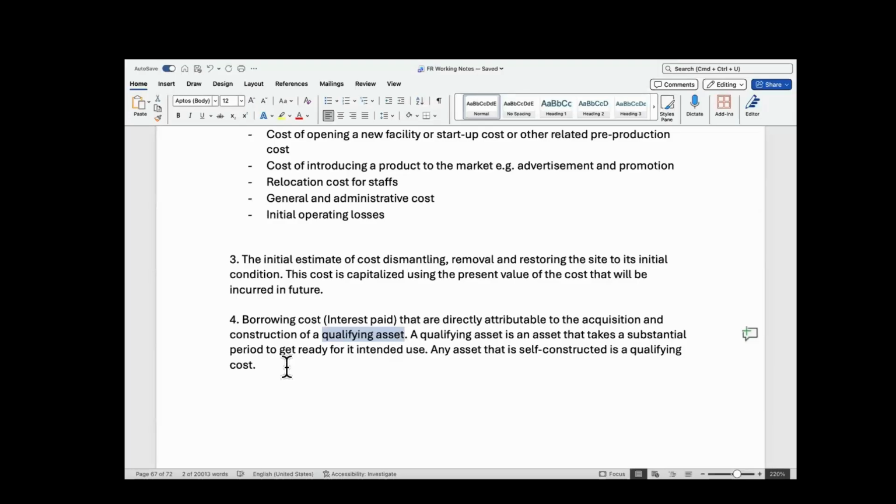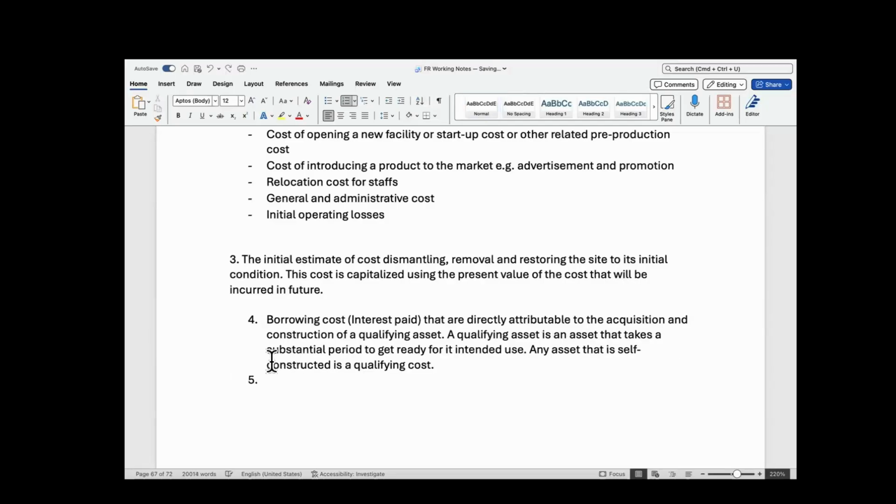And I made a very important point that the capitalization of this borrowing cost is till the asset is ready, till construction is completed. As soon as construction is completed, any interest payable afterwards shall be expensed.